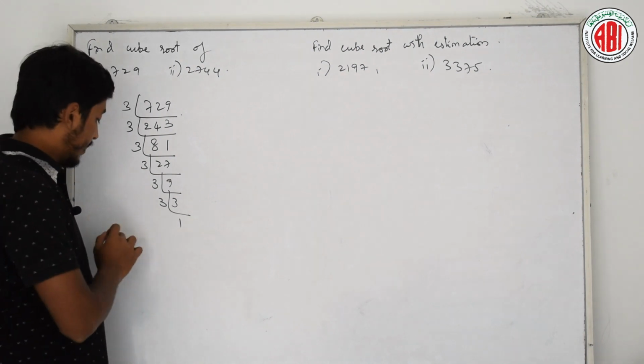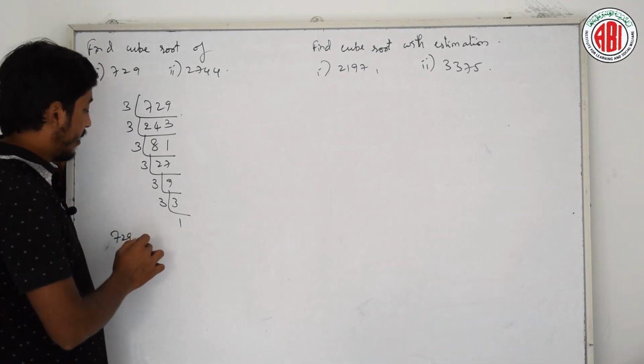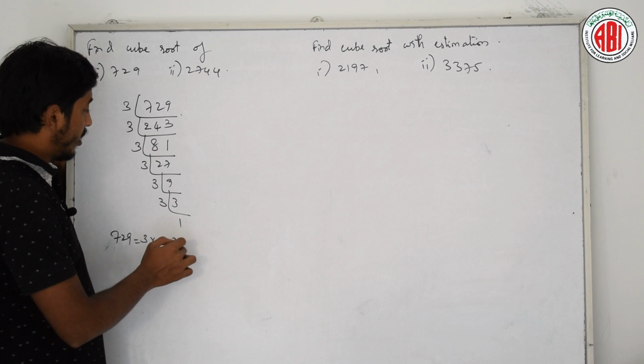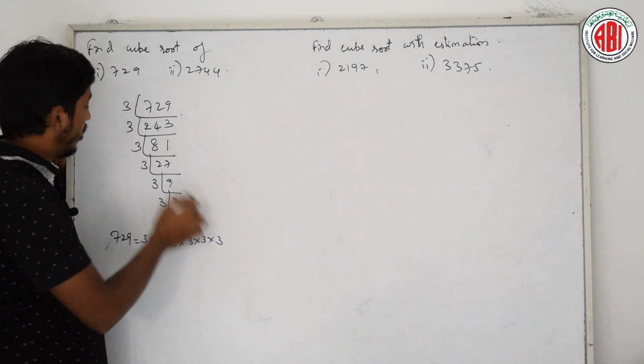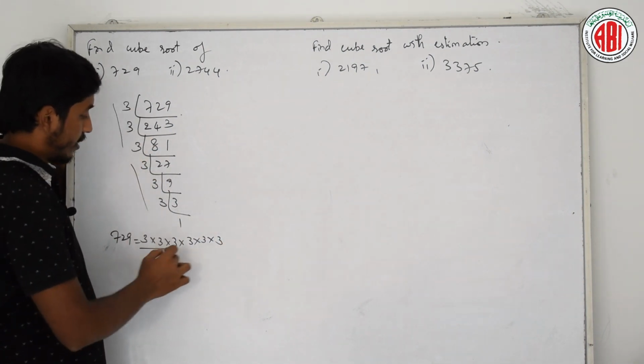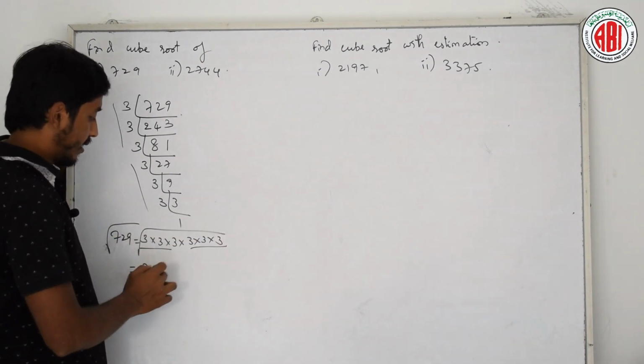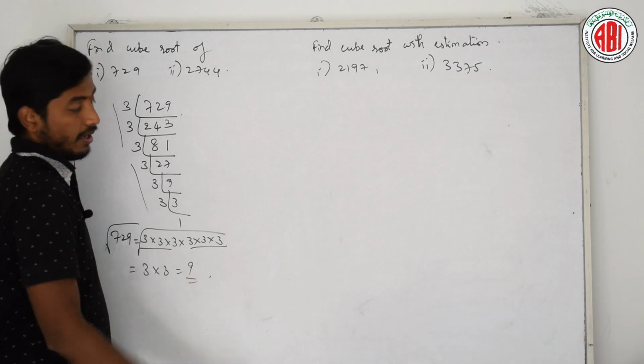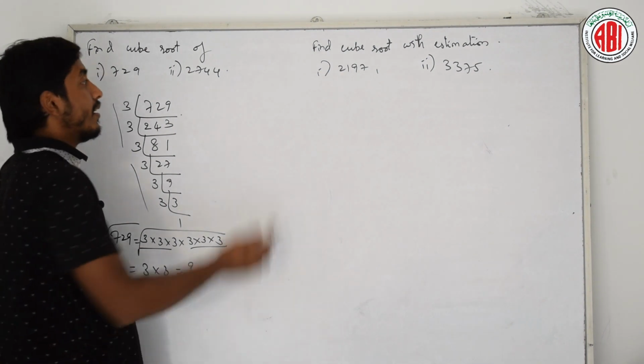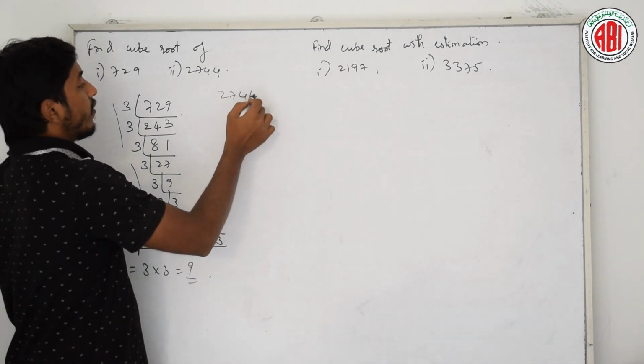Okay, that is 729 can be written as 3 into 3 into 3 into 3 into 3 into 3. 1 2 3 4 5 6 3s. Therefore, cube root of 729 is 3 into 3, that is 9. Is it clear?